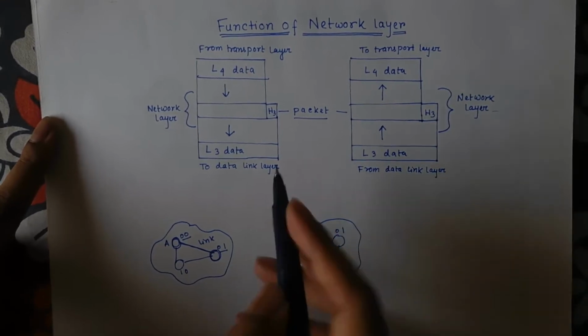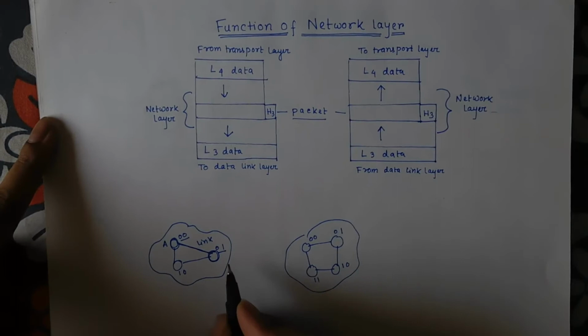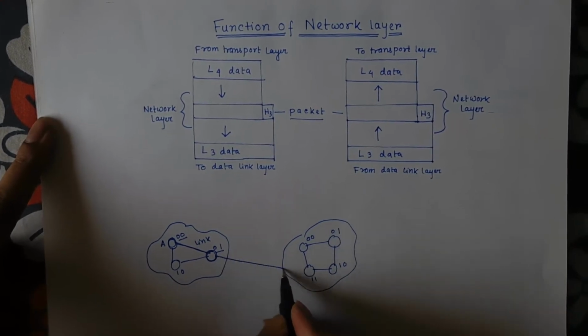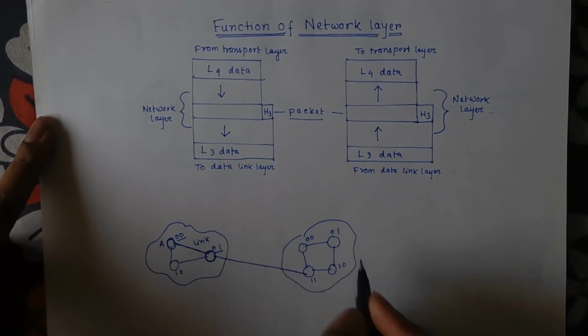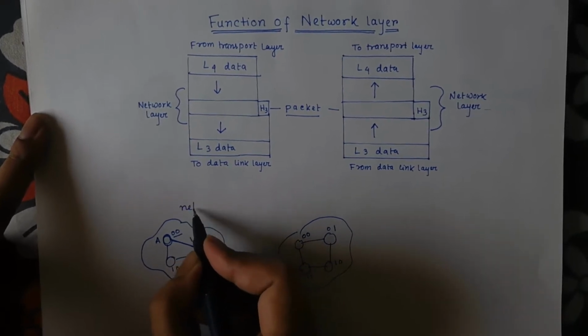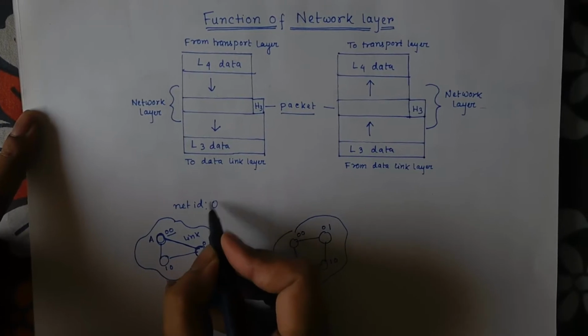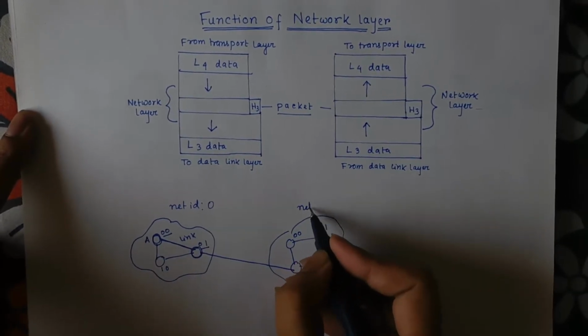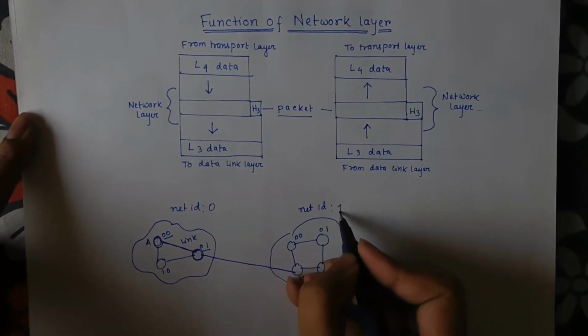But in the network layer, if we want to send data from one network to another, suppose there is a unique identification number to identify the net. So this is net 0 and this is net 1.